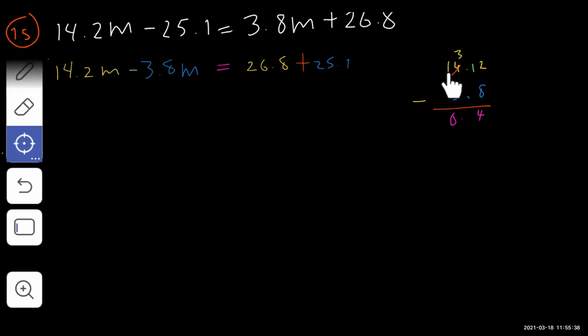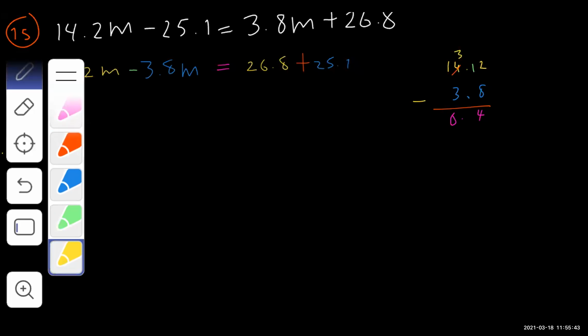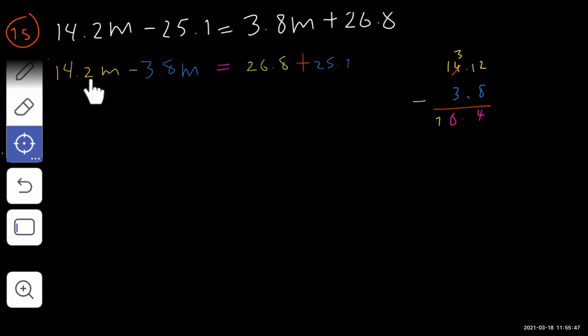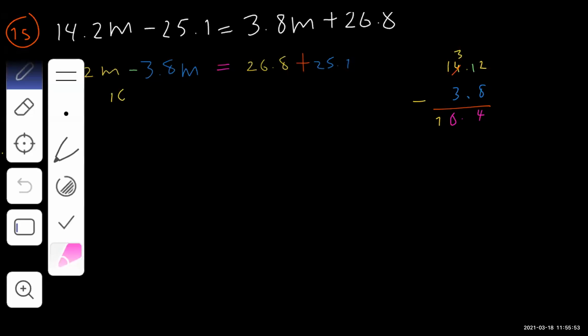We bring down the 1. You can fill it with 0 too. 10.4, guys. 14.2 monkeys minus 3.8 monkeys is gonna be 10.4 monkeys.